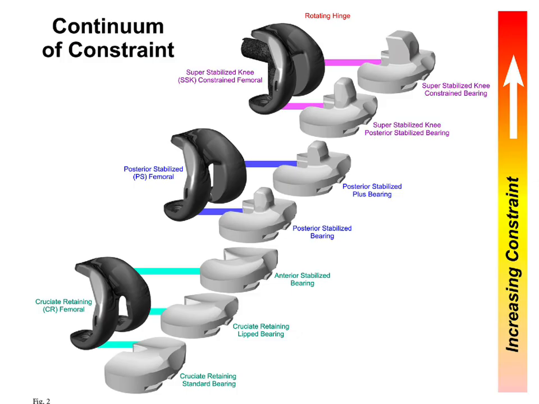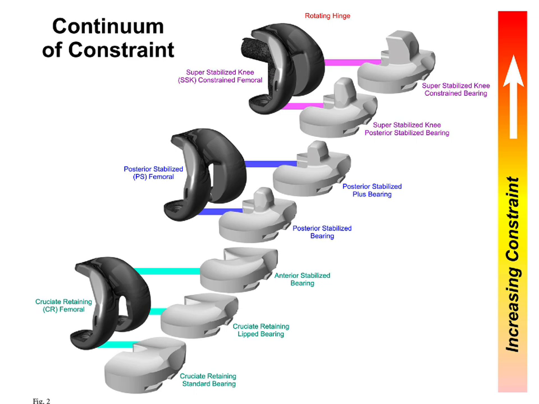So this is the entire continuum of the constraint from CR to a rotating hinge, and you'll see with increasing constraint there is an addition of a cam which gets progressively thicker and broader, increasing the size of the box.